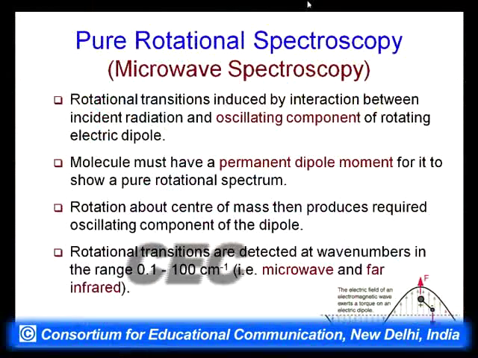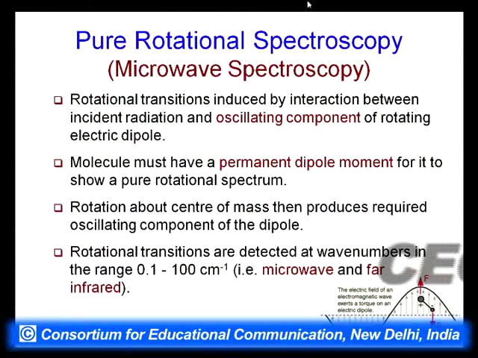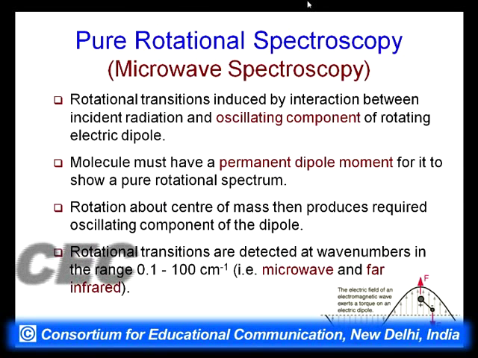So the signal does not get depleted, and that is the reason that microwave radiation was used in radars. Microwaves are also used in cell phones and so on, and because they travel through air without getting depleted. The microwave spectrum also has applications in microwave cookers and so on that we know about, but right now we will talk about spectroscopy in the microwave region and pure rotational spectra.